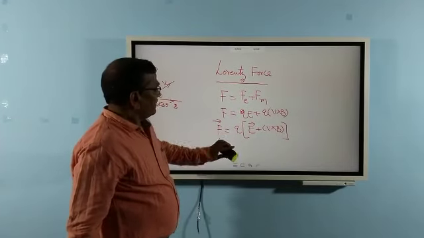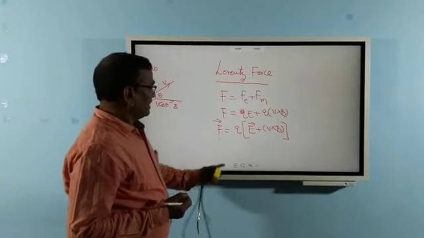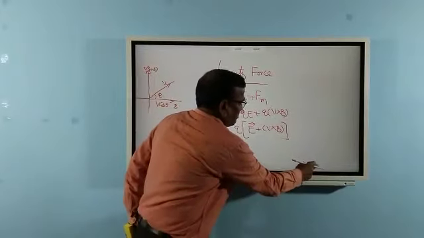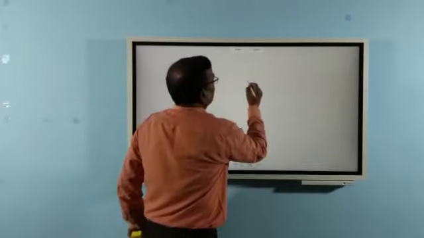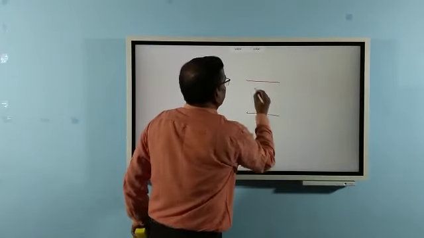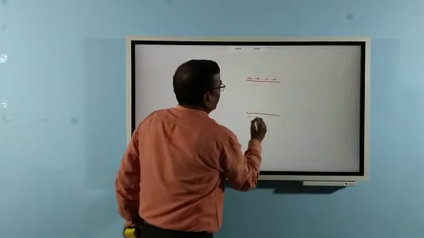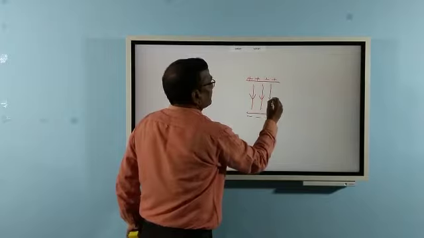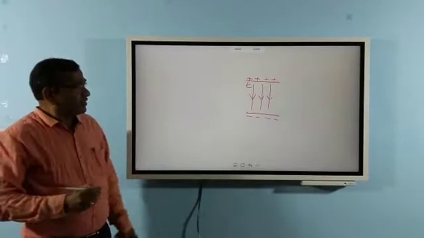So this has a lot of advantages, a lot of uses even in our daily life. These are the two forces present, and suppose these two forces are perpendicular to each other. Like this, suppose we take a positively charged plate and a negatively charged plate, and we can create an electric field from the positively charged plate to the negatively charged plate.